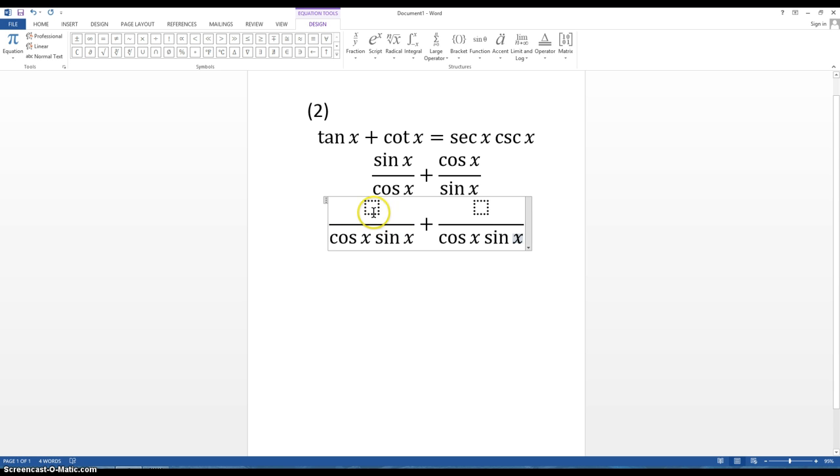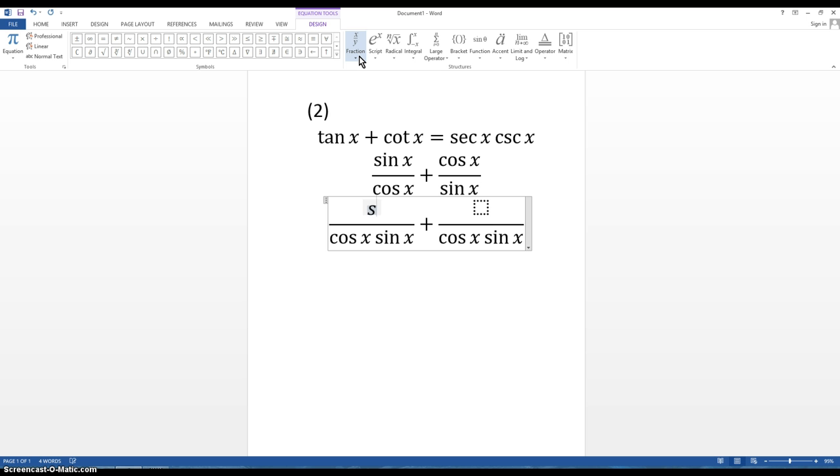Alright, so in this case, now we need to adjust the numerator. So remember, this is how I do it. This bottom divided by this first bottom, right here, which is cosine of x, what cancels out? Your cosines, correct. What are you left with? You're left with sine of x. Multiply what you're left with times the numerator of the first part, which is sine of x. So what is sine of x times sine of x?